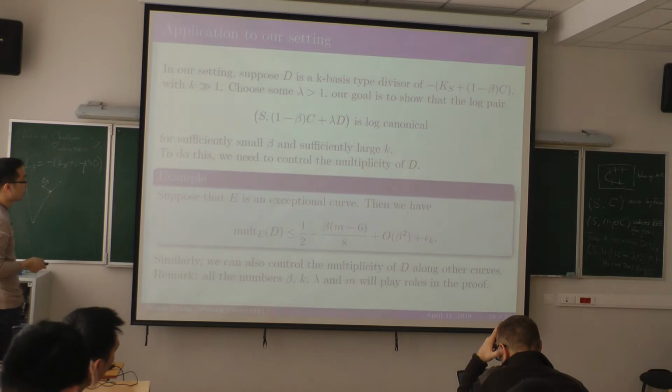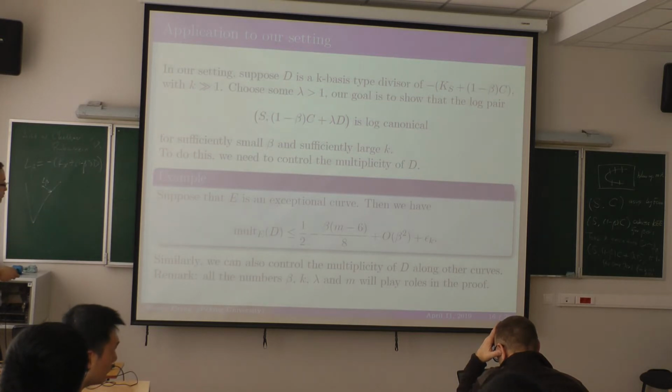So by explicit computation, we can show that, for instance, along the exceptional divisor, the multiplicity is bounded by this thing. From this, you can see that the multiplicity estimate depends on beta, and also on m, the number of blow-ups. So this m plays a role here, and there are some higher order terms.